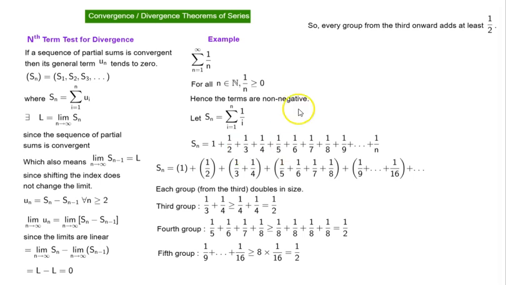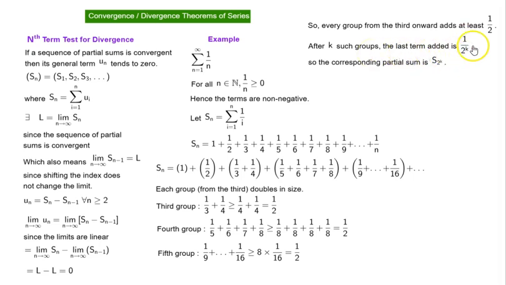So what that means is every group from the third onward adds at least 1 by 2. So after k such groups, the last term added is 1 by 2 to the power of k. So the corresponding partial sum is S sub 2 to the power of k. Just try to figure out what is happening here.